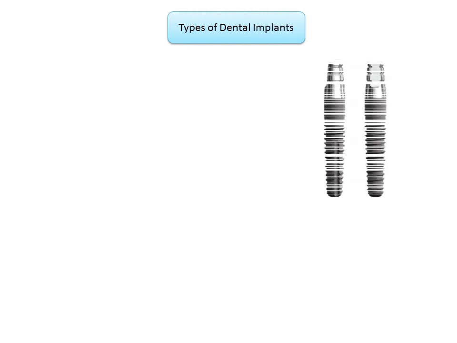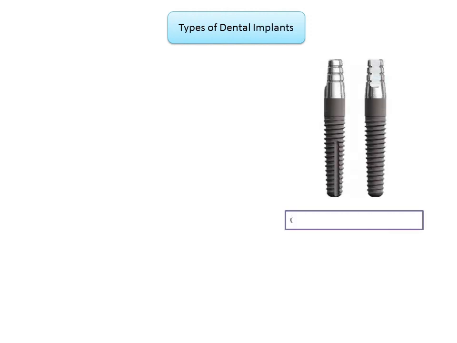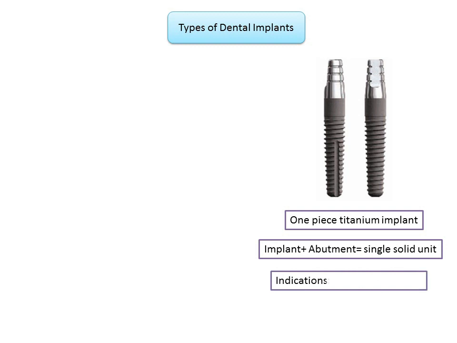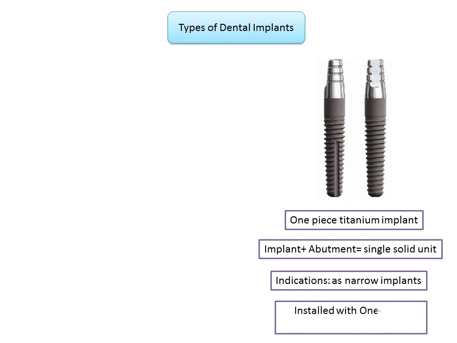In general, dental implants may be classified as a one or two-piece implant. The one-piece implant is the one where the implant and the abutment are formed as a single solid unit. In this case, there is no screw joint between the implant and the abutment. The one-piece implants may be used when narrow implants are indicated, such as in the replacement of the maxillary lateral incisors.